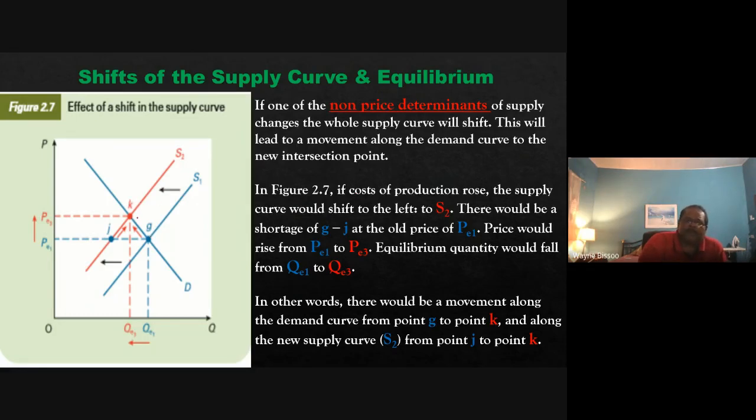And again, you have the same situation. The reduction in supply is going to eventually lead to a higher price because there's fewer supplies available. Initially, the demand will still want to be at this level here, but they can't get it. The price is going to go up because the demand has not changed.